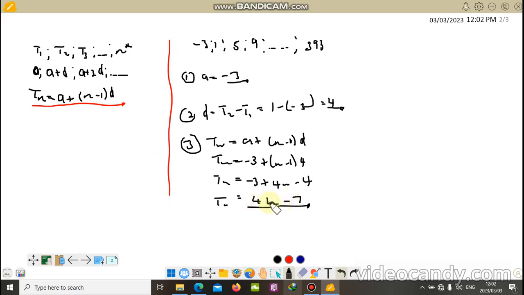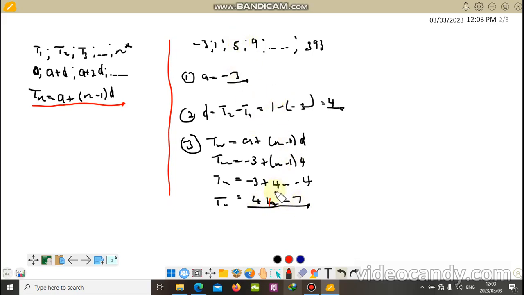So if you want term 1, just substitute 1 where you see n. 1 multiplied by 4 is 4, minus 7 is -3. If you want term 2, you substitute 2. So 2 times 4 is 8, 8 minus 7 is 1. If you want term 3, you'll say 3 times 4 is 12 minus 7 is 5.